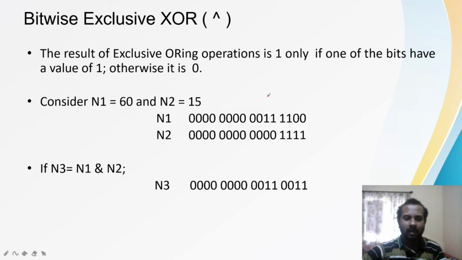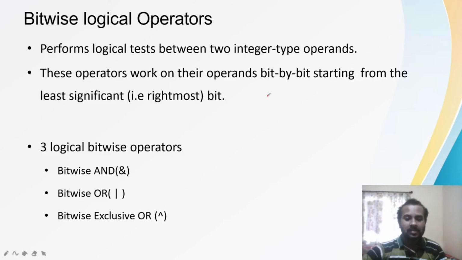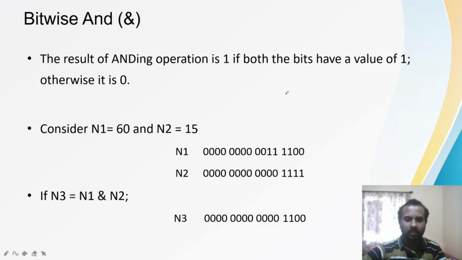Bitwise exclusive OR: the result of the exclusive ORing operation is 1 only if exactly one of the bits has the value 1, otherwise it will be 0. That is, if an odd number of the inputs are 1, then only your output will be 1 or true.